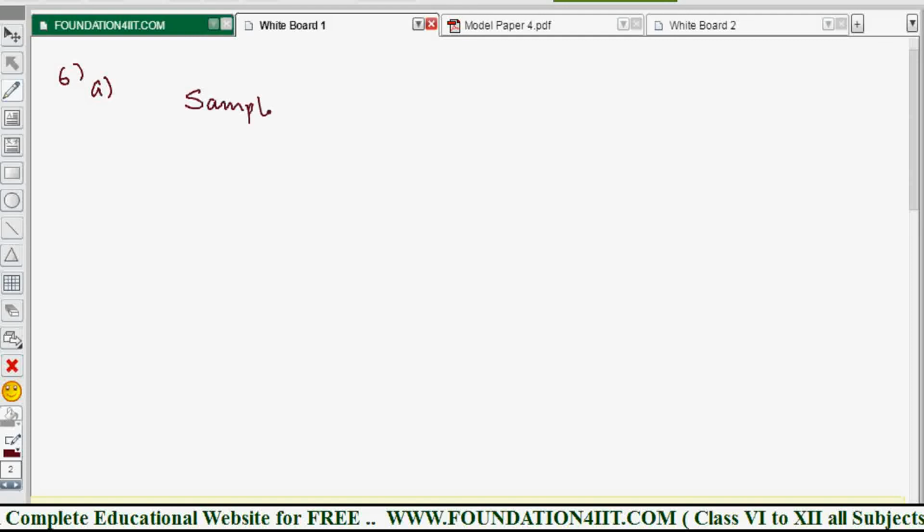We need to find the sample space first, n of S. N of S is equal to 99 because the numbers are between 0 and 100, so we have 99 numbers, that means 1, 2, 3, and so on till 99.